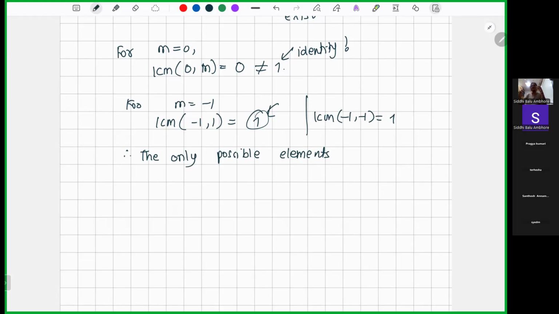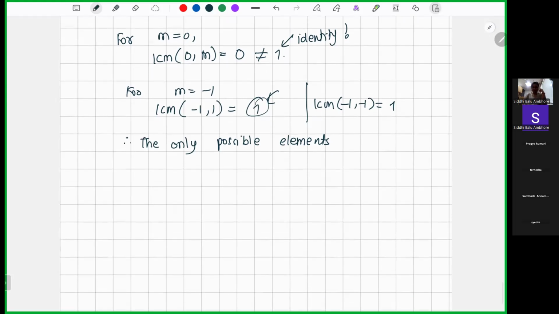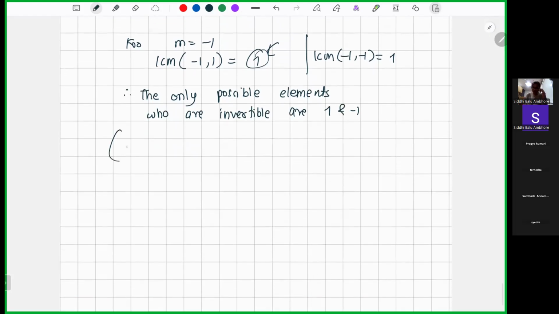So if you look at the uniqueness of inverses here, this does not have a unique inverse if we look at it that way. So the possible elements that are invertible are 1 and -1. So note that the inverse need not be unique.